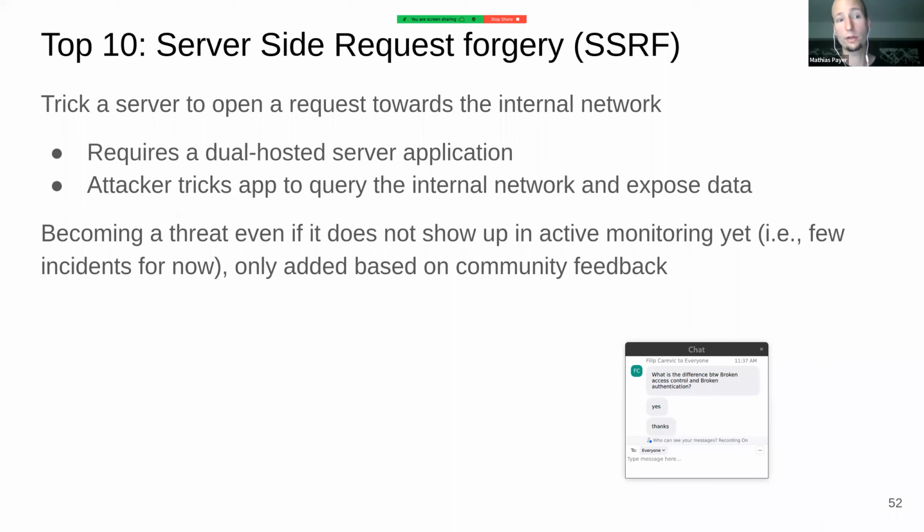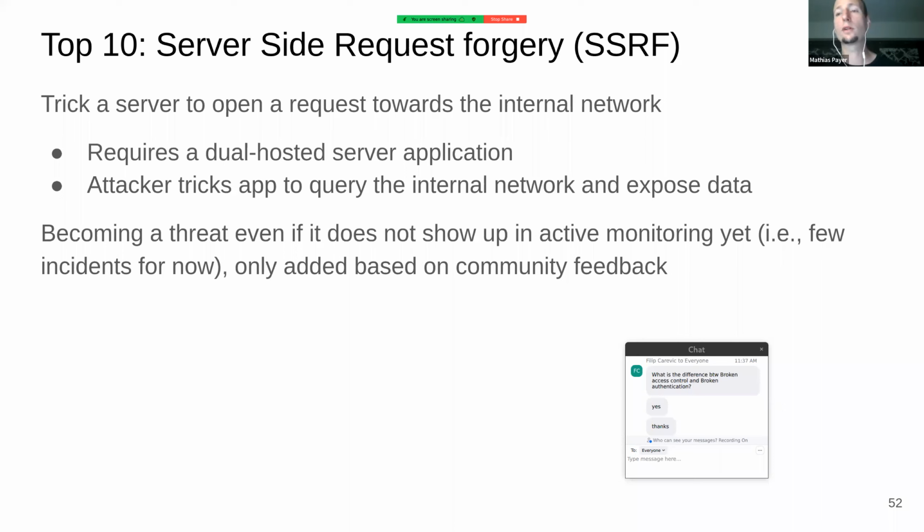And the idea of server-side request forgery is that an outside attacker tricks the server to open a request towards the internal network. Servers are often dual hosted, right? They're part of the internal network, but they expose an interface to the external network. The idea here is that the attacker tricks the web application to query the internal network and to expose data. So the attacker uses the web application as a confused deputy to access resources in the internal network.